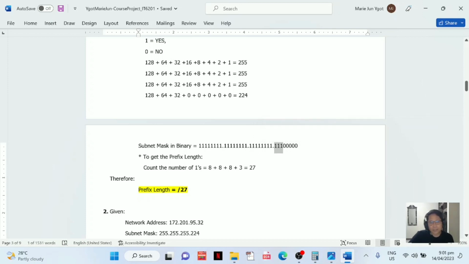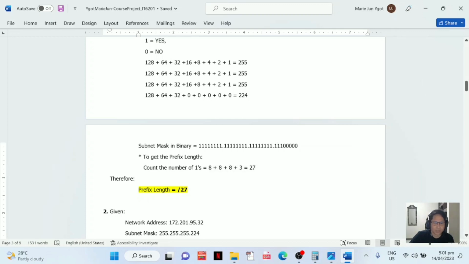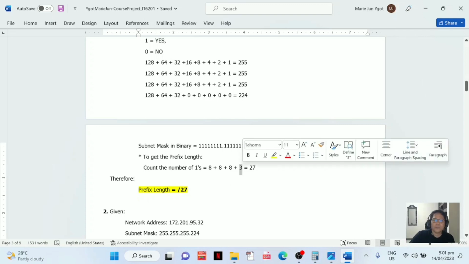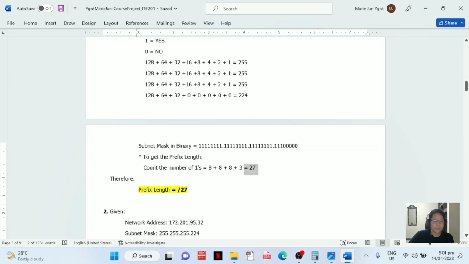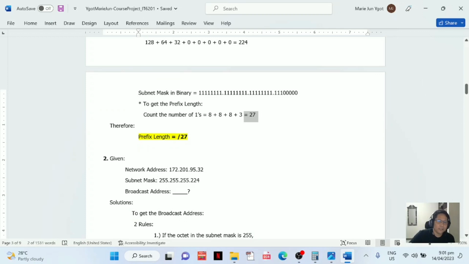So 8 plus 8 is 16, plus 8 is 24, plus 3 is 27. Therefore, our prefix length is 27. Okay, this one.